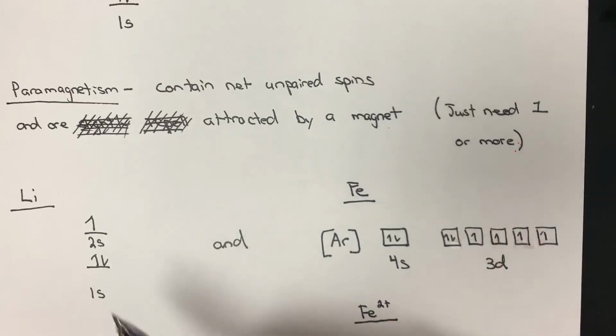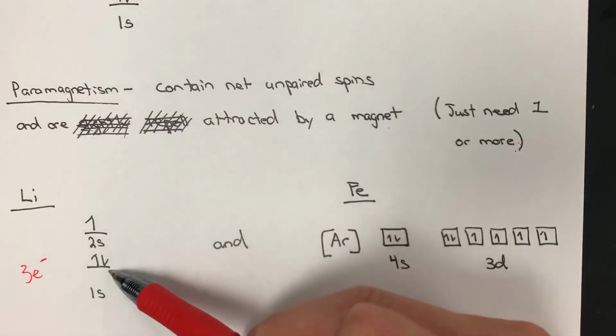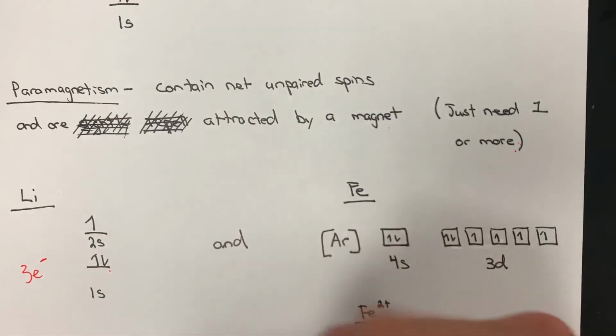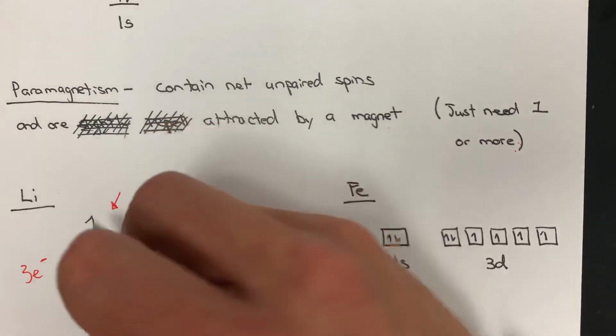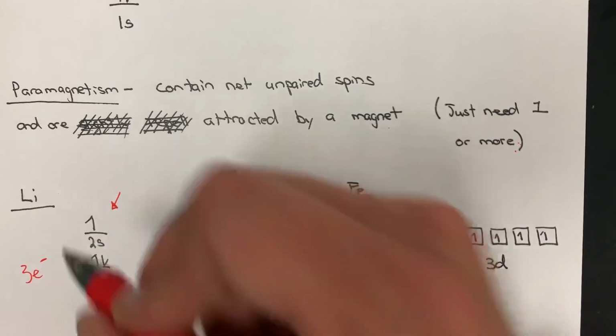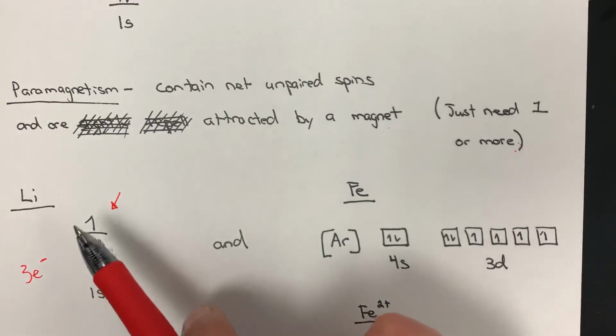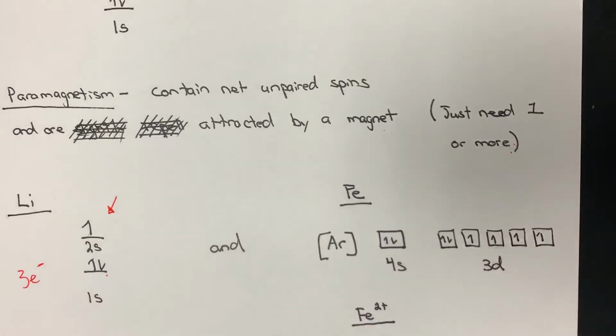When it comes to lithium, which only has 3 electrons, we fill up the 1s level first, then we go to the 2s. Here's the single unpaired electron, and as a result of having an uneven number of electrons, this unpaired electron here, we would expect that this would be attracted to a magnet.